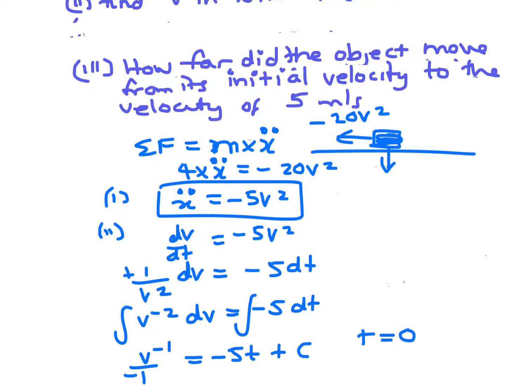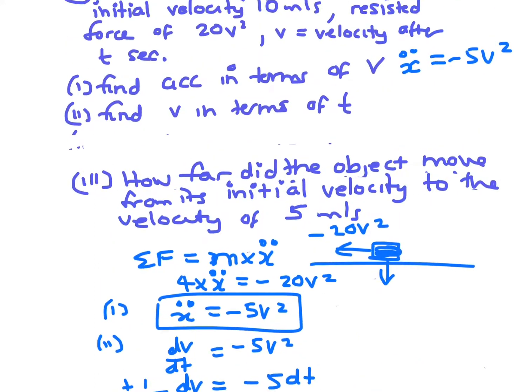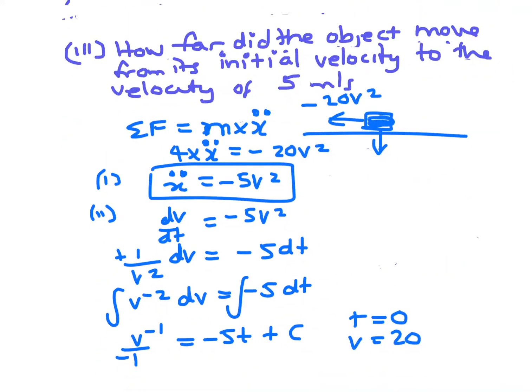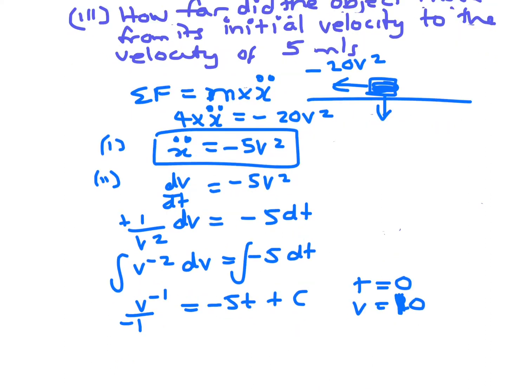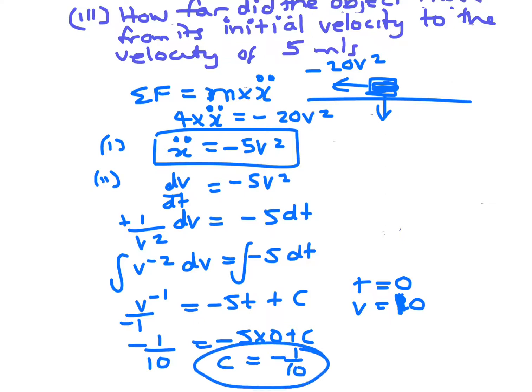So time equals 0, v initially is 20 meters per second, I think we had. No, 10 meters per second. So that means minus 1 on 10 equals minus 5 times 0 plus c. So c is minus 1 on 10.